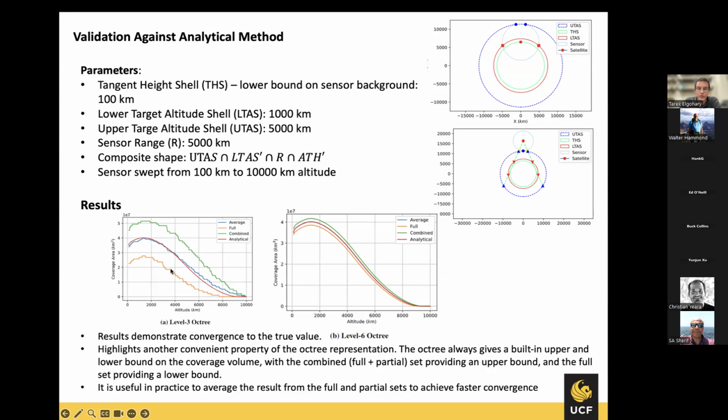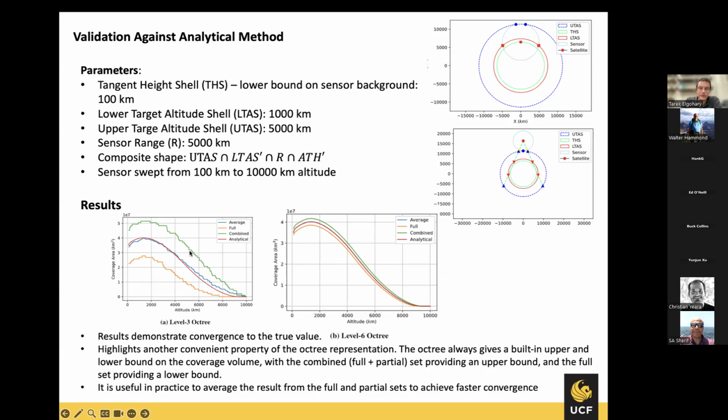This is very important if you are trying to do some tasking or some optimization very quickly versus trying to capture or nail down the actual coverage. Always having an upper and lower bound on the solution is very desirable, and you can design your constellation or task your sensors based on that knowledge, versus going 3 levels down, where the complexity increases quadratically, as I have shown, but you get a very fine, very accurate solution.